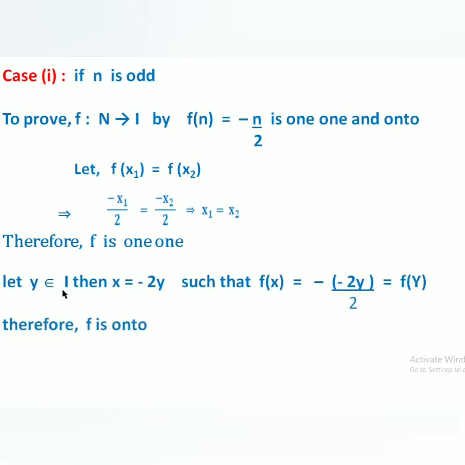Similarly, let y belong to I. Then there is the element x equal to minus 2y such that f of x equal to minus of minus 2y divided by 2, which is only y. Therefore f of x equal to y, therefore f is onto. In this case f is bijective, hence N is equivalent to I, therefore I is countable.